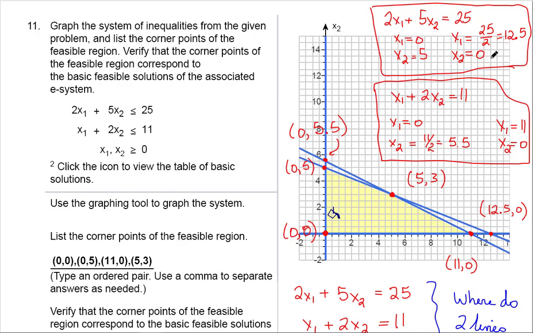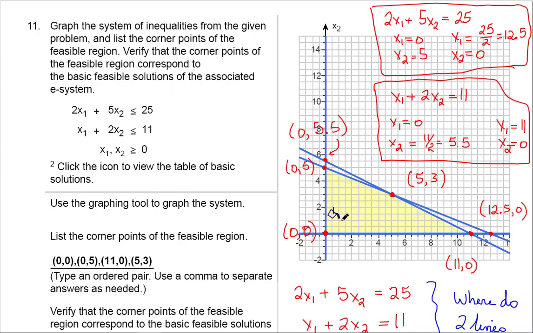So I've got 0, 5, that's this point. 12.5 and 0. Well, luckily they've divided this into 0.5. See, 10, 10.5, 11, 11.5, 12, 12.5. If I do this for the other set, setting pieces to 0, I get 0 and 5.5, which is here, and I get 11, 0.